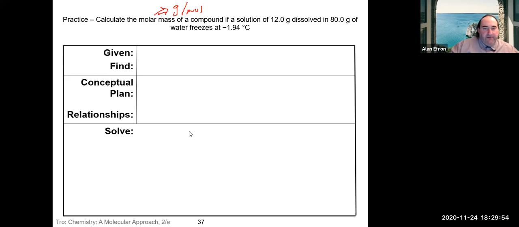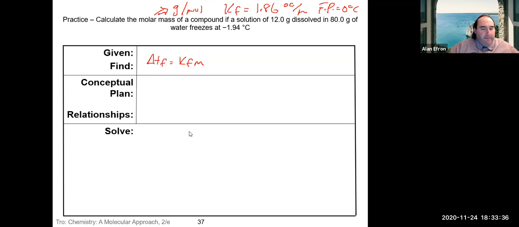And again, since we're using freezing and water, Kf is going to be the same as what we used in the last one, 1.86 degrees. Okay, so again, we're using a freezing point here, so we'll use our formula that we saw.